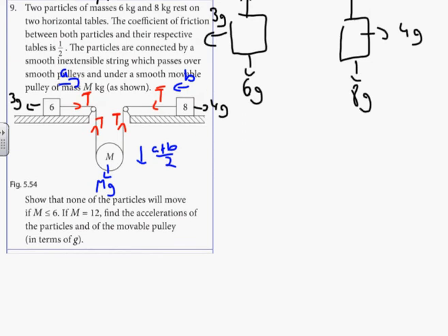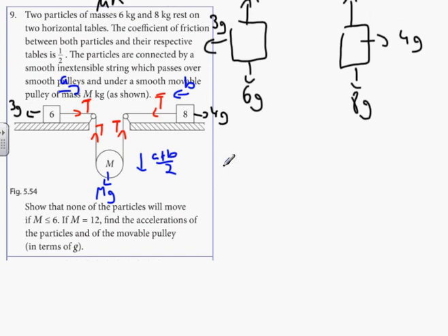Now once you have this done, guys, what we're going to do next is set up our system. We'll start off with the 6 kilogram weight. So what does the 6 kilogram weight do? What's MA, guys? 6A. Force going to the right? T minus 3g. Very handy.